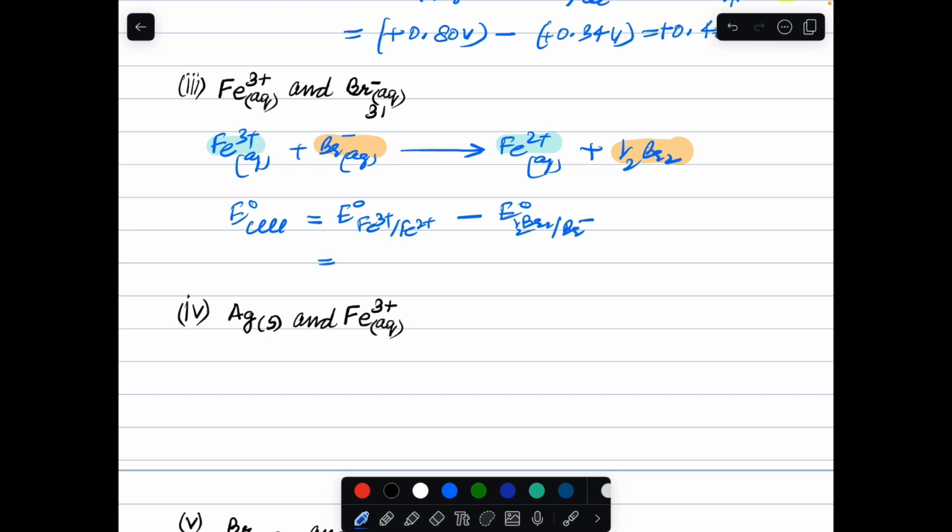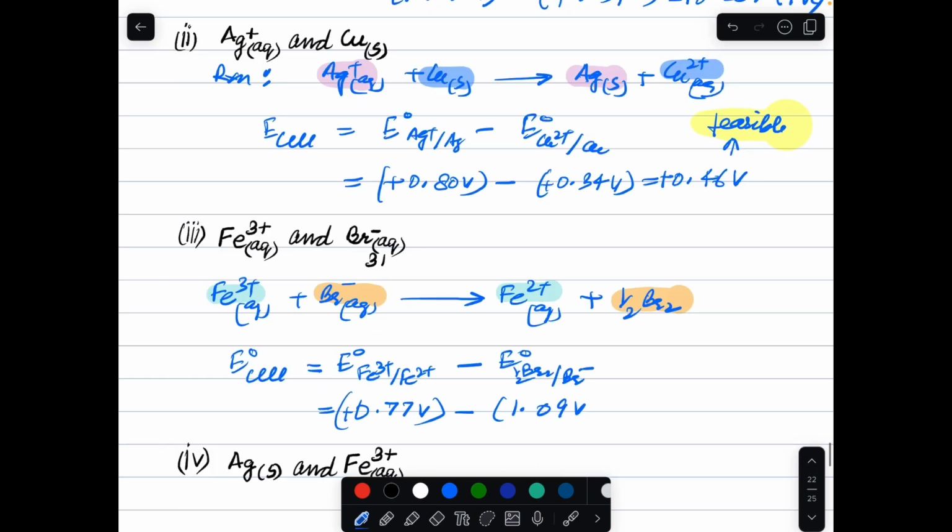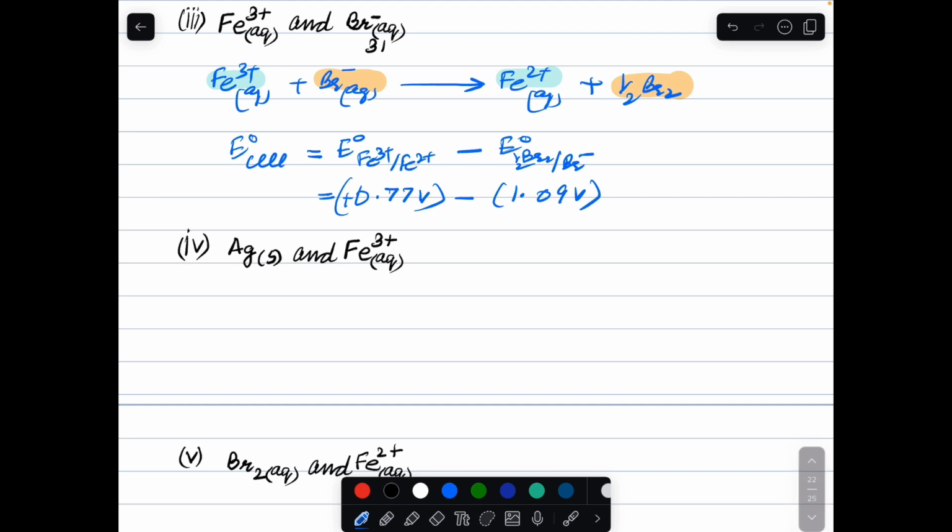Now here the value for iron is 0.77 volt, this is a positive value, minus 1.09 volt, this is the value in case of bromine. It is given here, so this is again a positive value. So you will be getting here minus 0.32 volt. Okay, here the negative quantity is greater, so that means this reaction is negative.